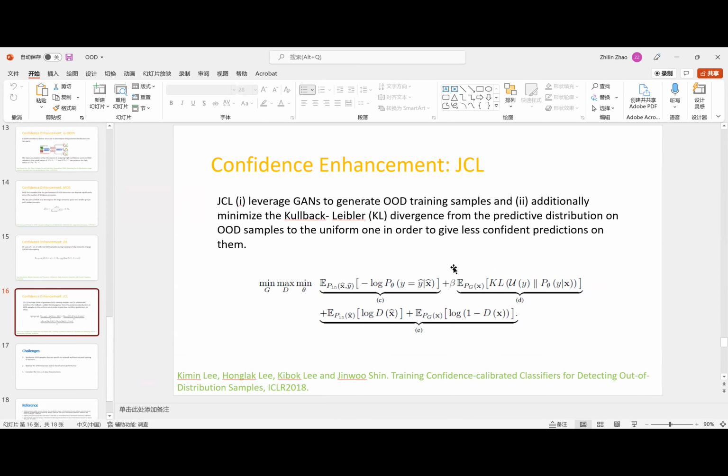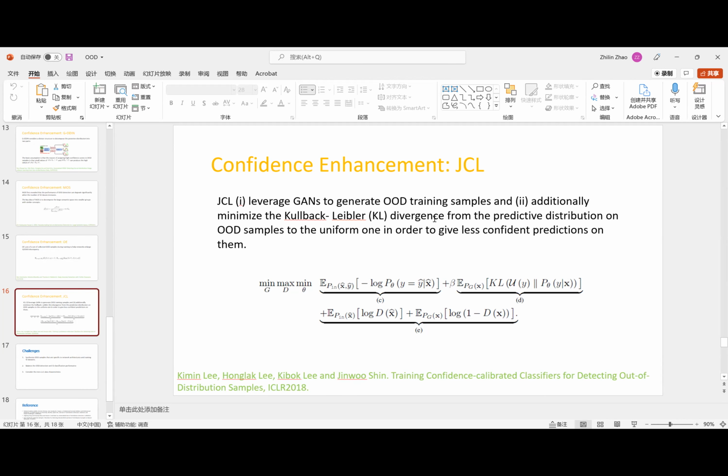The basic idea is to use a GAN model to generate out-of-distribution samples close to the boundary of your in-distribution samples, and then use the KL divergence to make the predicted distribution of the generated out-of-distribution samples close to a uniform distribution, so that your network will provide very low confidence predictions for out-of-distribution samples.